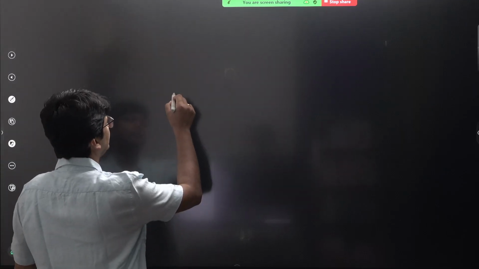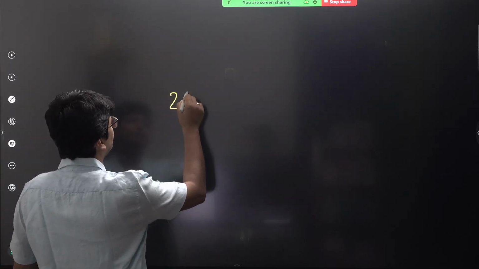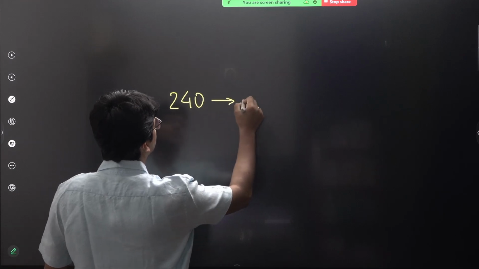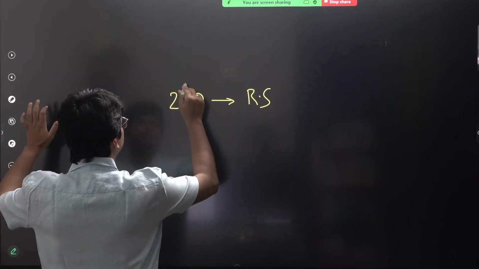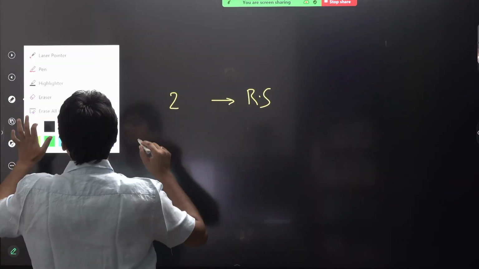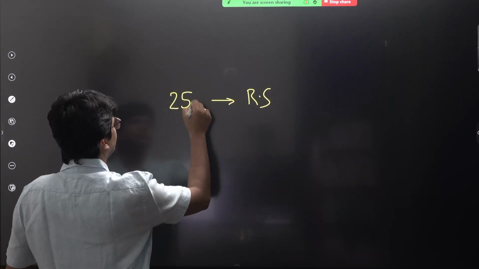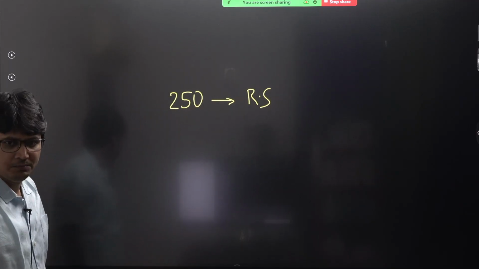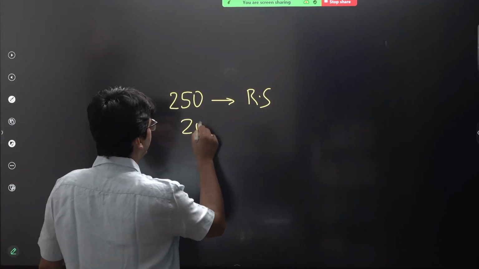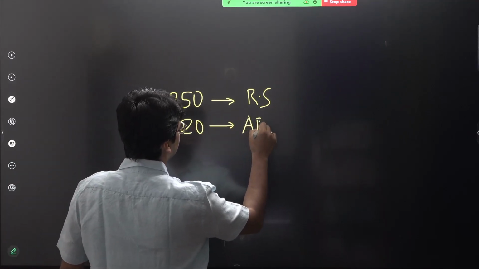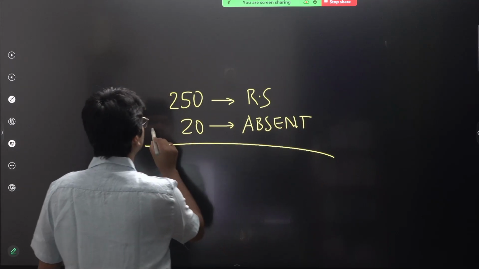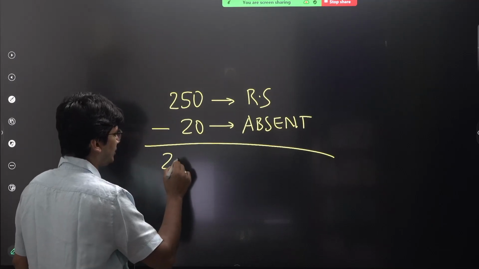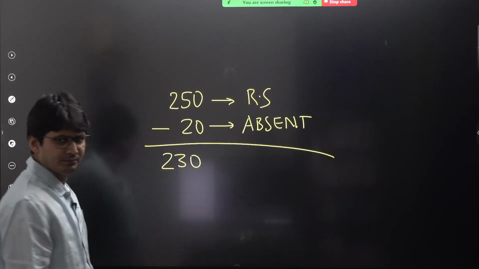Suppose 250 members are there in Rajya Sabha overall. Okay, 20 are absent. How much remains? 250 minus 20 is 230, right?